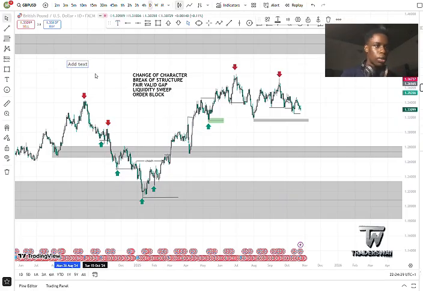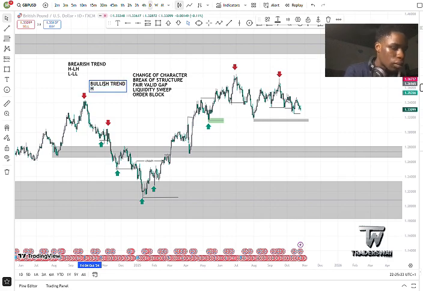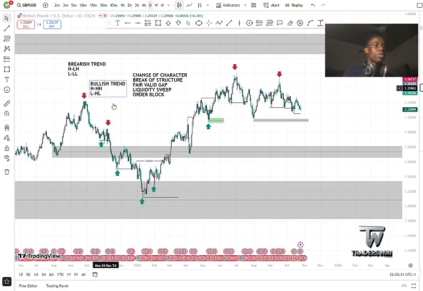Let me write it down for you. Bearish trend, you see high, you see.